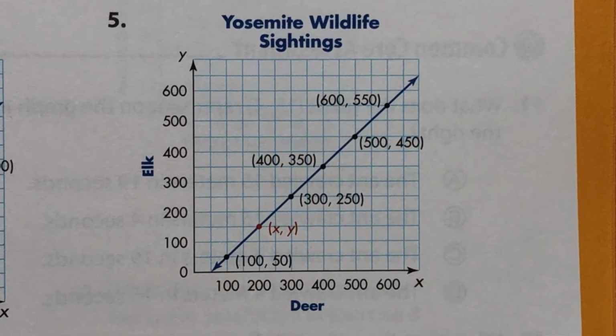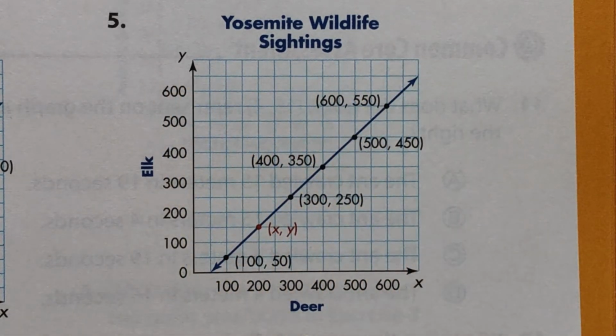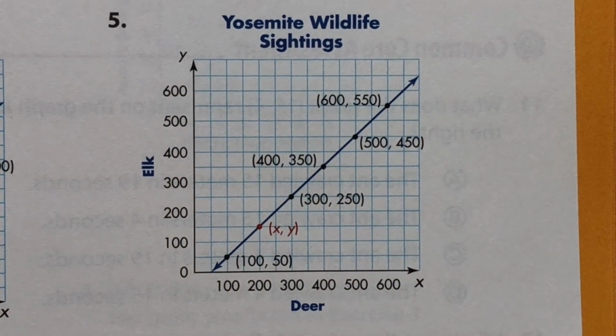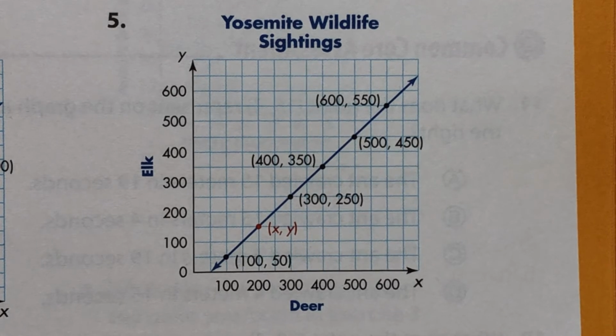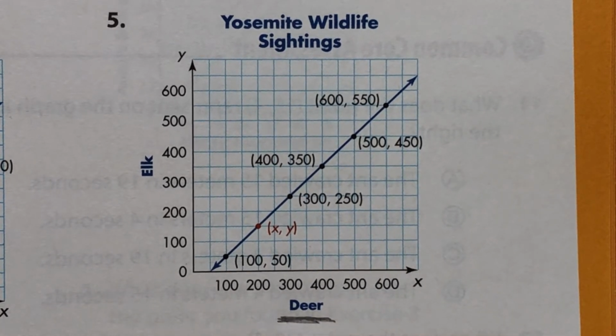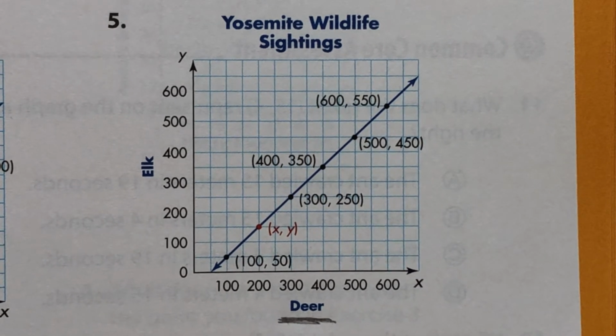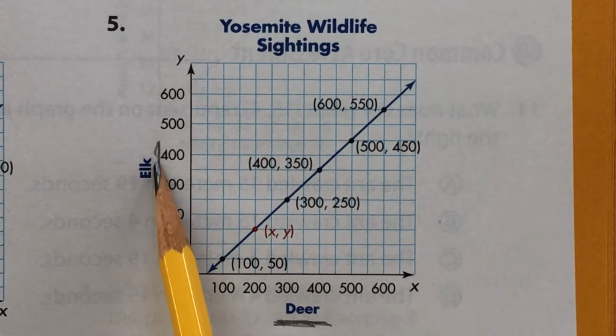So we're seeing what is seen in Yosemite, the wildlife sightings. What is the x-axis labeled in this graph? Well, the x-axis is labeled deer. And what is the y-axis labeled? Well, the y-axis is labeled elk.